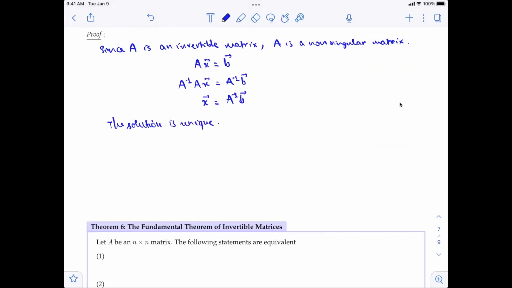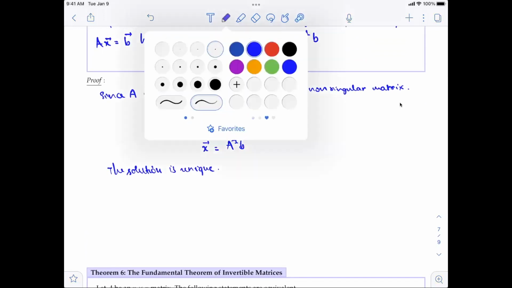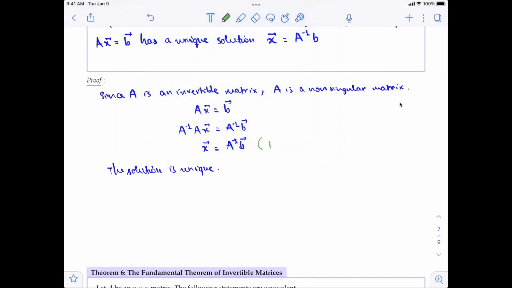Right. So this particular solution shows the existence of the solutions. And the next part is that we're going to prove that this solution is unique. Right.